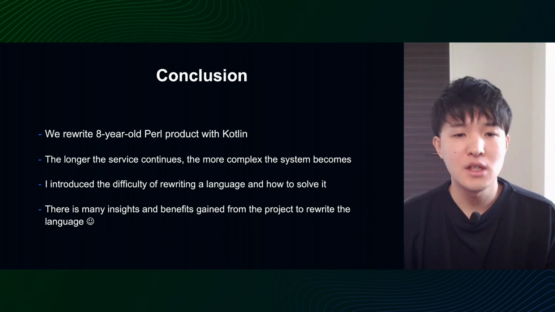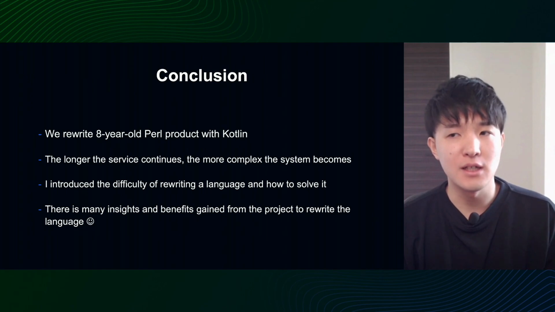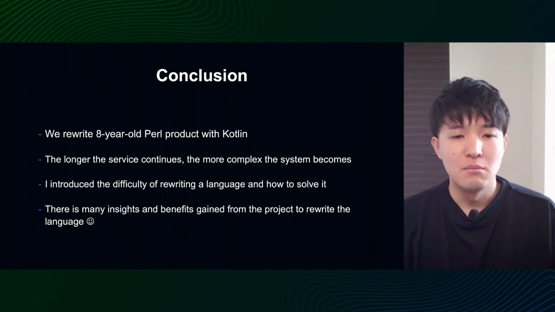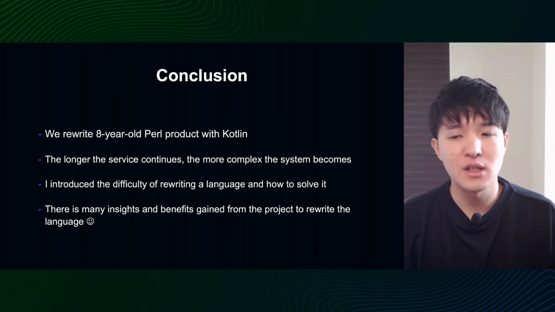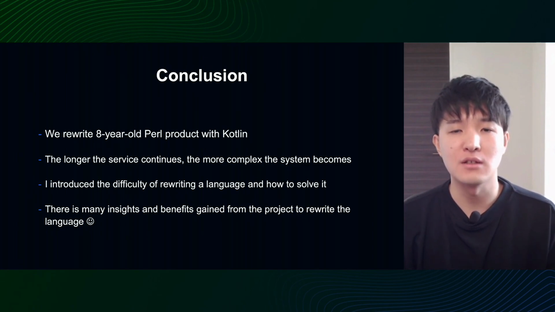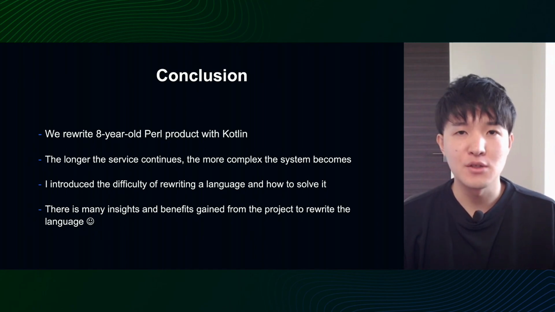I introduced some difficulties of rewriting in a different language and how to resolve them. And there are many insights and benefits gained from the project. I encourage you to review your code and document your specifications while sometimes deleting unnecessary features.